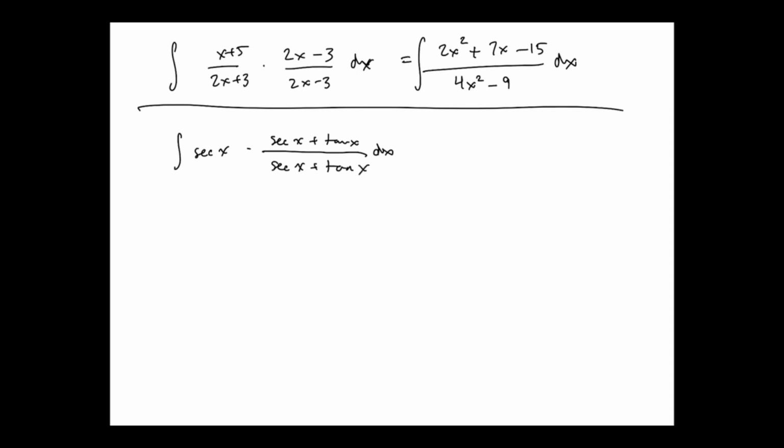Okay, if I locked you into a room and said you can't come out and you don't get any food until you figure this out, you would eventually come up with this. But when you look at it, you're like, where the heck did that come from? Now, once we finish the problem, you're going to look at it and be like, oh, of course, right?